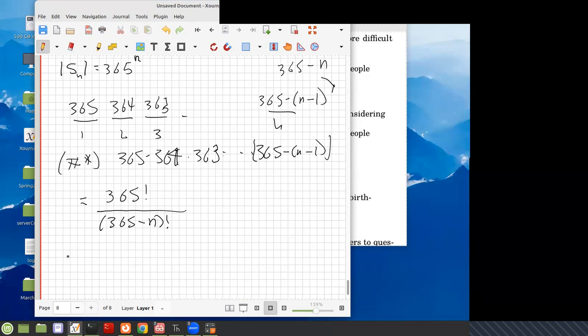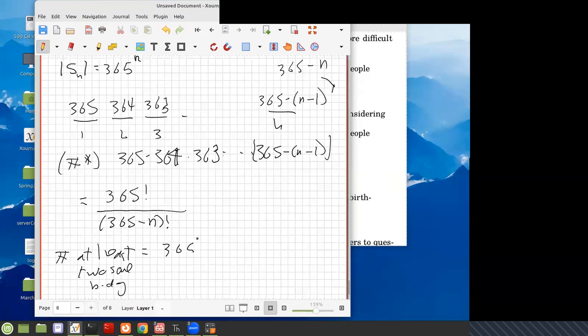So the number we want, the number of ways at least 2 have the same birthday, is going to equal 365 to the nth minus 365 factorial over 365 minus n factorial.